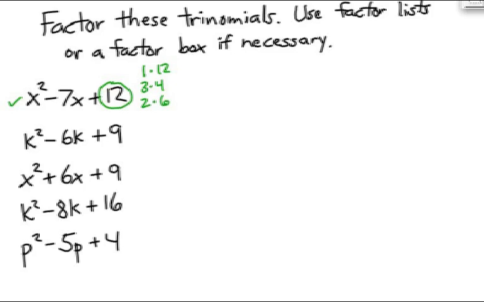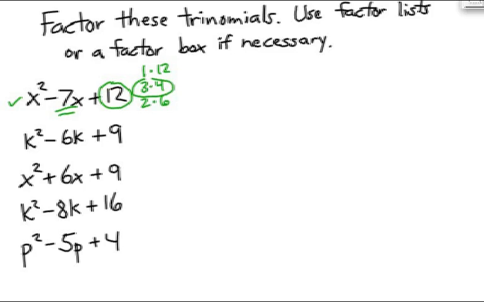Now I'm looking for a combination of those numbers in pairs that would give me the middle term. Notice the middle term is negative 7x. So what I'm going to need to do is figure out which factor pairs actually add up to 7. And the best bet looks like the 3 and the 4.